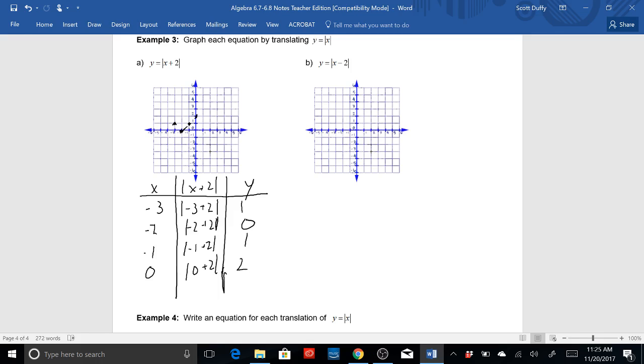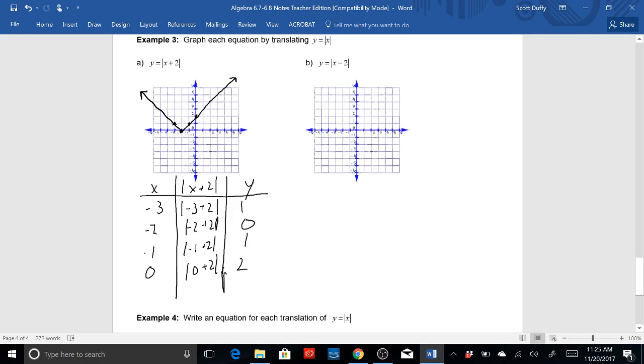And what I would do is I say, okay, this is my new bottom, and my graph has shifted 2 to the left. If I put the addition or subtraction within the absolute value bars, it shifts it to the left or the right. What we notice, though, is that it's a plus 2 and it moves left.